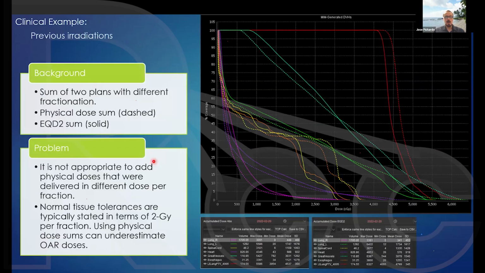All right. I know that the data that I'm showing you here is not for brain, but unfortunately I couldn't get any brain case. This is just to show you what happens when you add physical dose versus biological dose. The dose that is in the dashed line is biological dose. The dose in the solid line is physical dose.